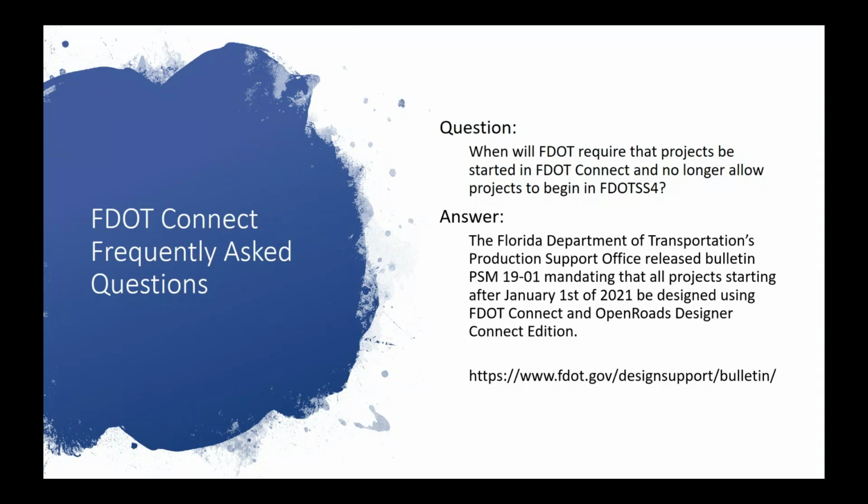And you can see a link to that bulletin right here in the slide, so I'll leave that on screen for just a minute. So if you want to copy down that link and read that bulletin. So you're looking at a little bit less than a year and a half to get ready to start projects in FDOT Connect, if you have any hesitation to that. But again, that'll be at the discretion of the district project managers.